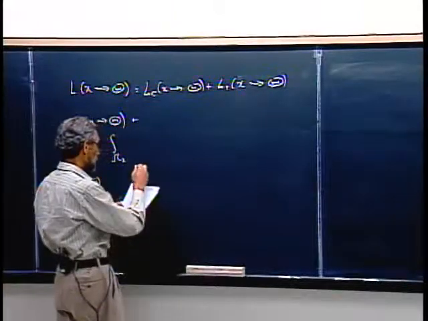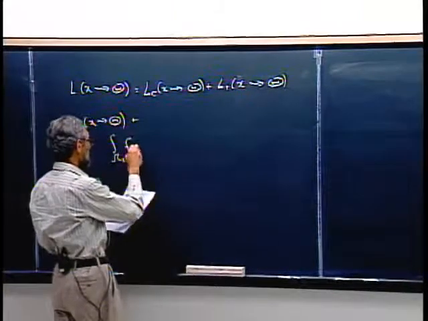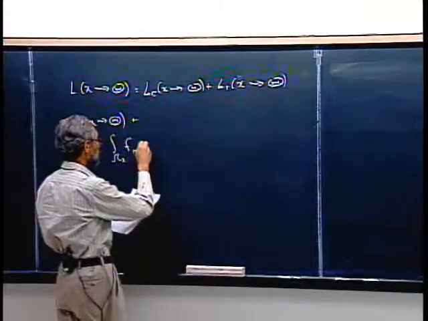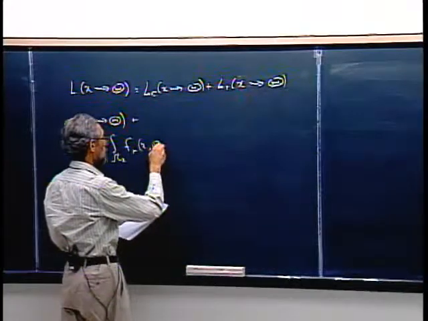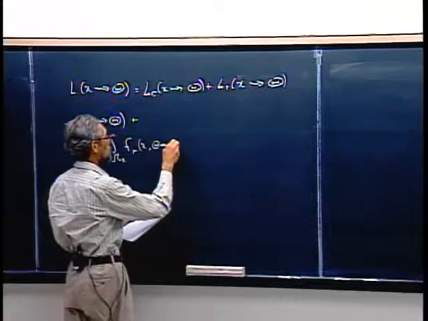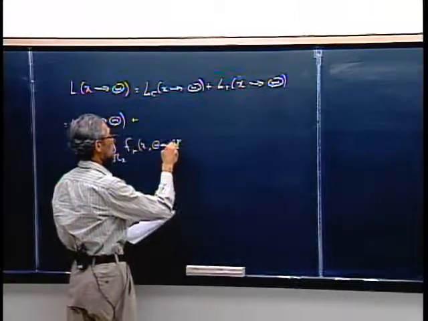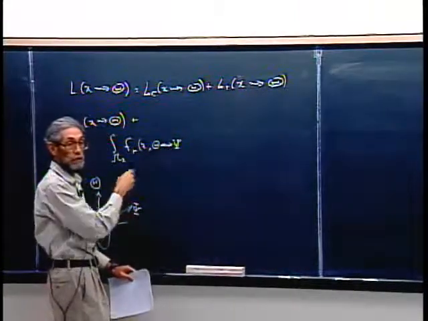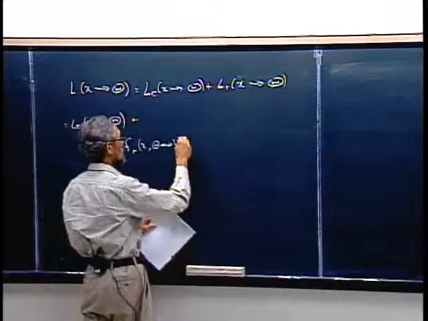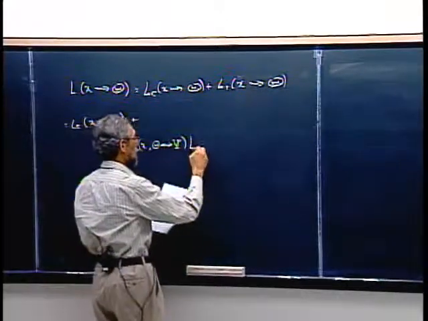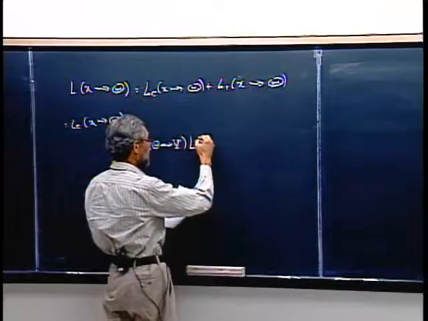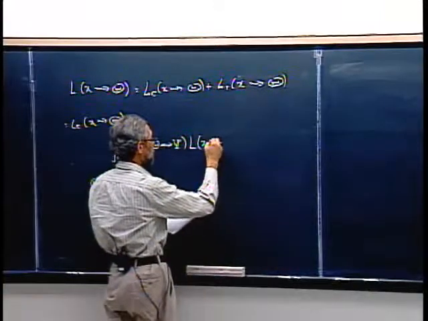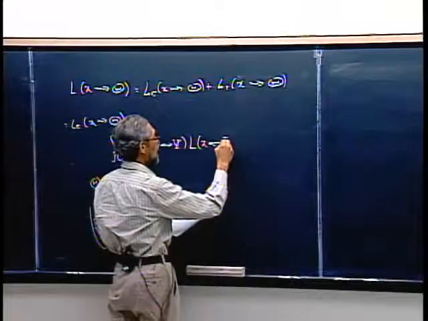And that integral we had was the bidirectional reflection function at x for light coming to direction theta from direction psi. It didn't matter what order we put them in because of reciprocity. Times the light coming in, which means hitting x from direction psi.